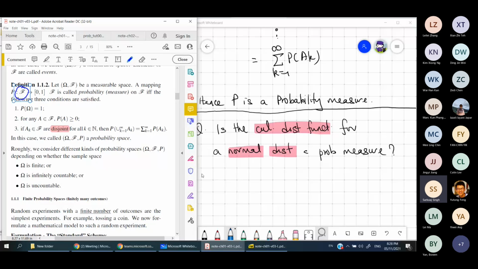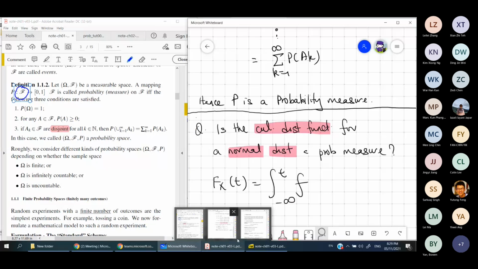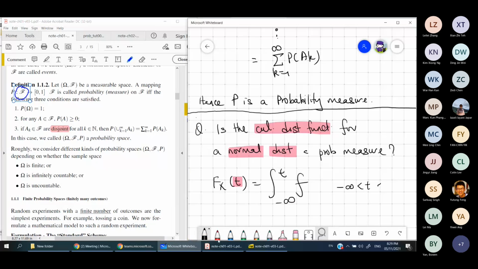If I'm not mistaken, it's like F_X(t), right? Which is just you integrating t from negative infinity. This is the density function, right? Yeah. Okay. So you look at this thing here. What is your t? t is any number between negative infinity and positive infinity, right?